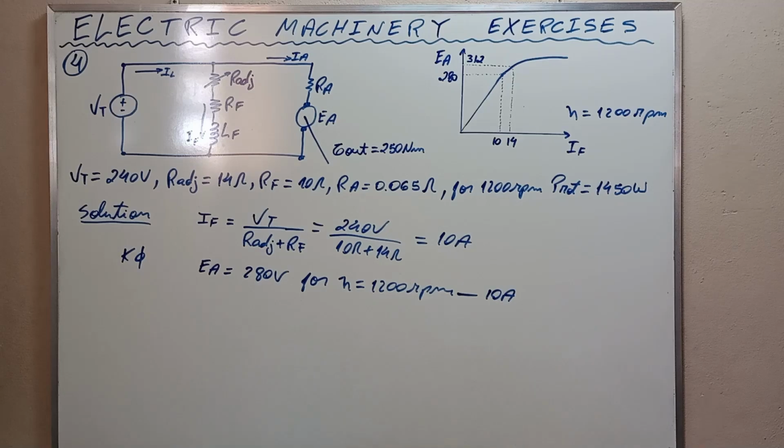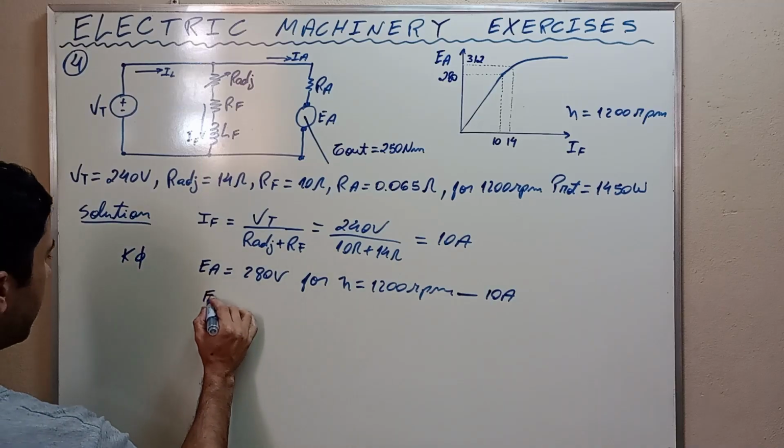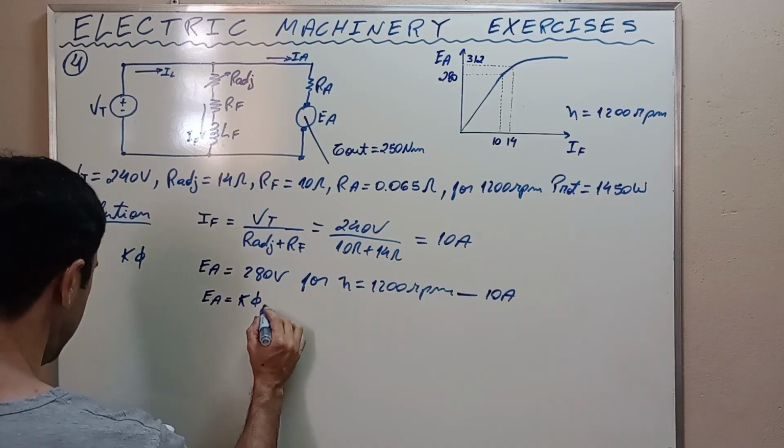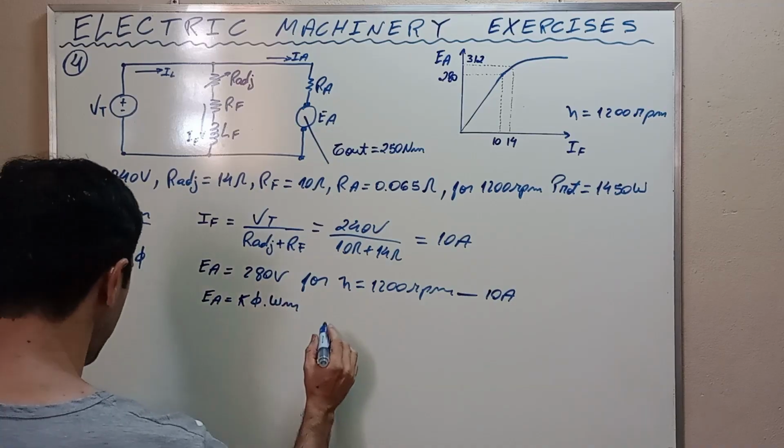We are going to use this information, using the expression that says that EA is equal to K times phi times WM.